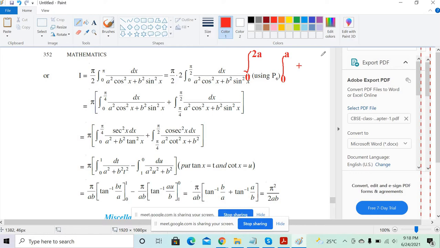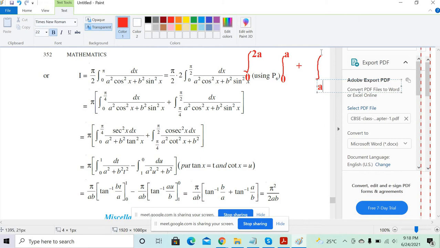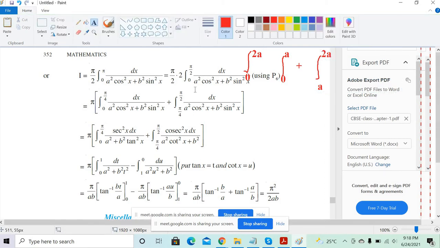So that's what is being done here. So that's what is 0 to pi by 2: we are going with 0 to pi by 4 plus pi by 4 to pi by 2. And the integrand remains the same. Correct? Got it?